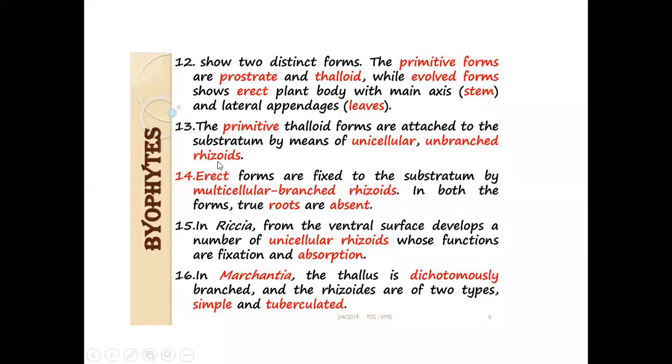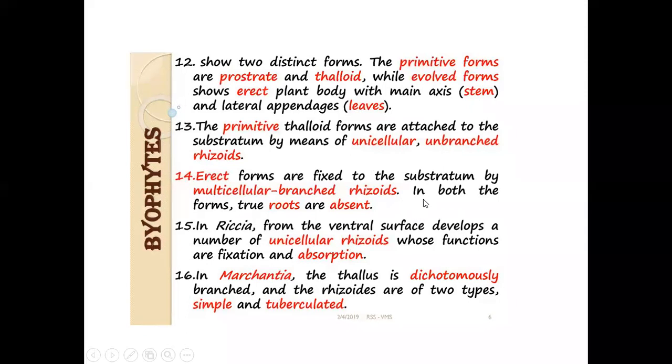We call them rhizoids. They can be seen in primitive forms and also in advanced evolved forms. With the help of these rhizoids only, the main plant body is attached to the substratum.